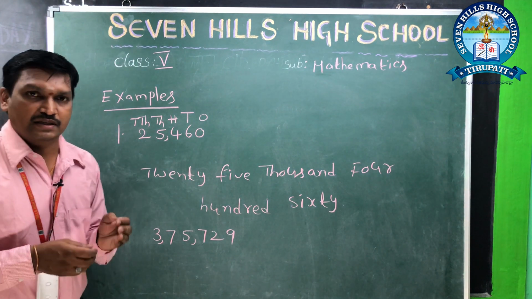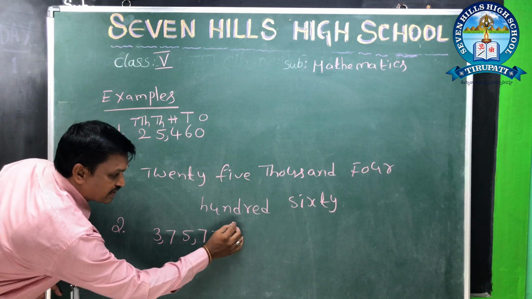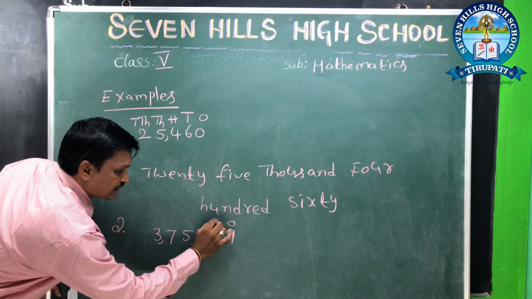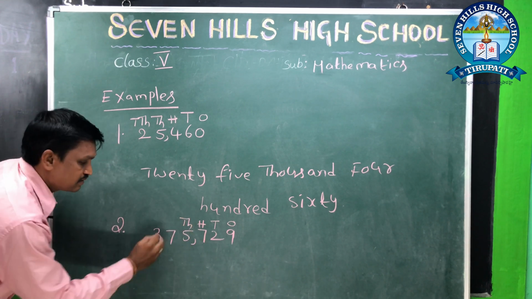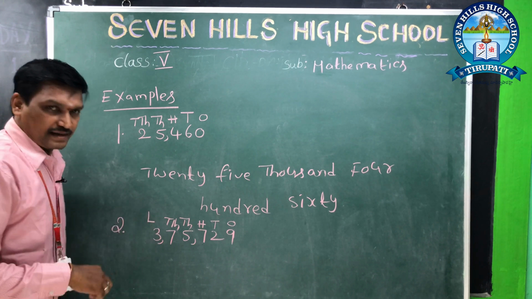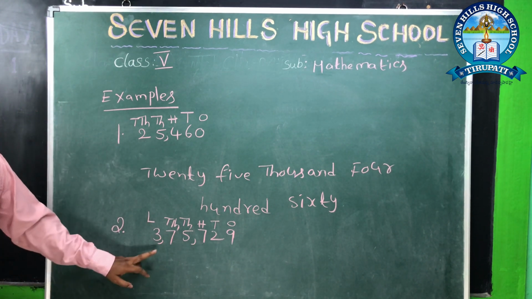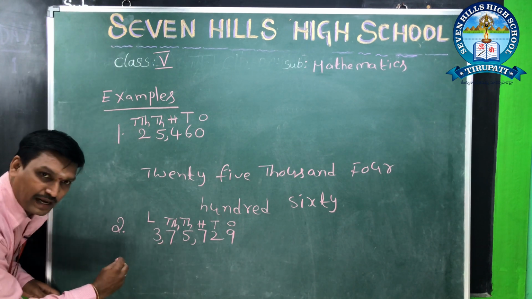Every number is separated by commas. Once again I will write ones, tens, hundreds, thousands, 10,000s, lakh. Now I can write this as a number name.